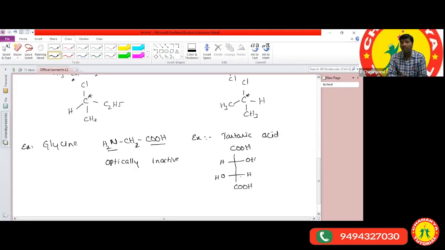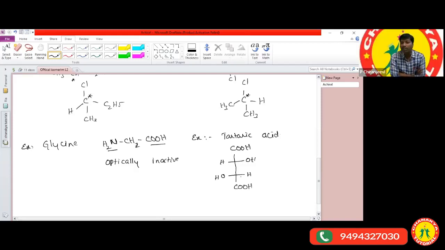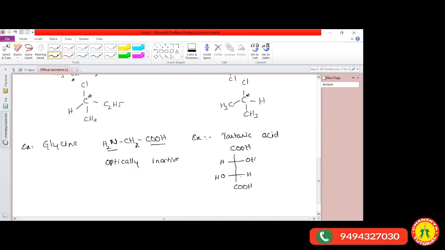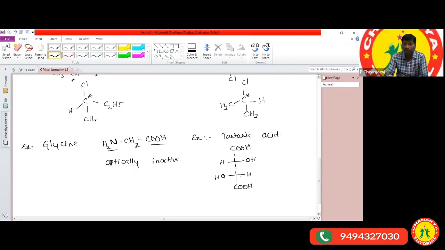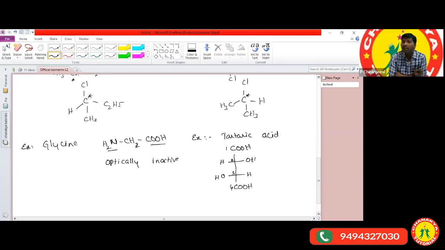First of all, is tartaric acid optically active or optically inactive? Sir, it is optically active. Very good. How many chiral centers are there in the given compound? Two. I'll give the numbering, 1, 2, 3, 4. Which are the chiral centers? 2 and 3. Very good. 2 and 3 are the chiral centers.